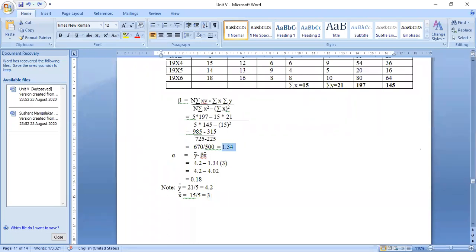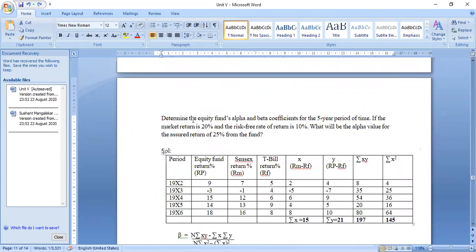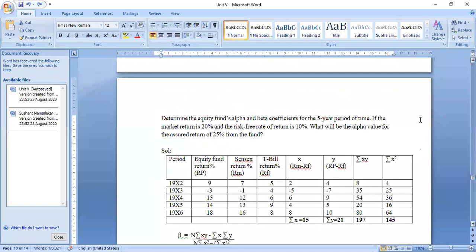So we are completing the first aspect of the question that is being asked: determine the equity fund's alpha and beta coefficients for the 5-year period of time. But we are asked to calculate even the second aspect of the question, which I have not solved in this particular document.